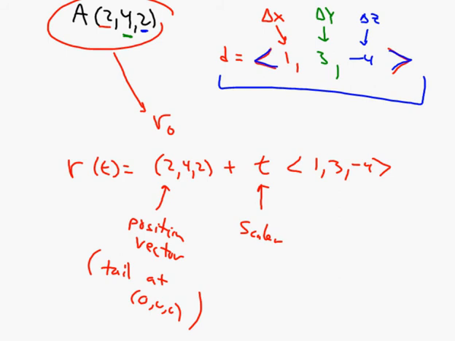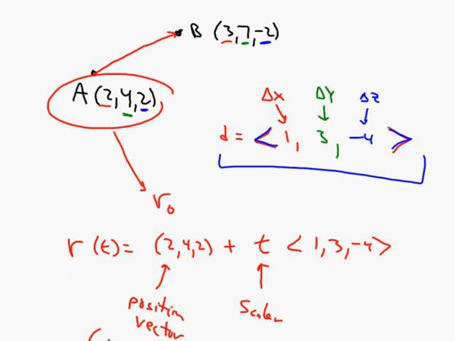In other words, what do I want to multiply this direction vector by so I get back point A? I think 0, right? Point A is, let's not lose track, point A is 242, right? I don't want to change it at all. I don't want to change it by 1, 3, and -4. I want it to stay at 242. If I want to stay at 242, then t should be 0. So this corresponds to t equals 0.